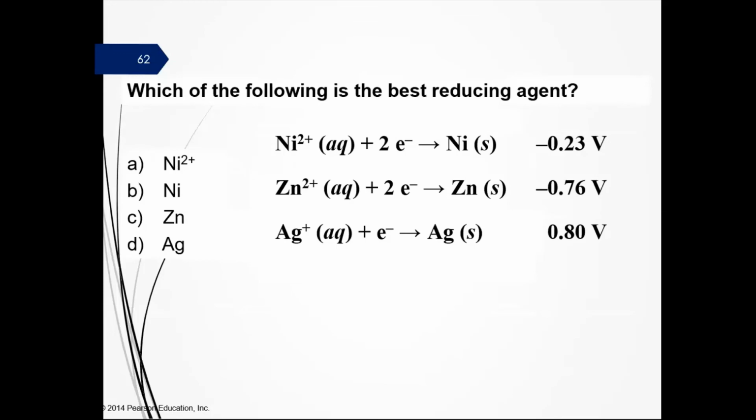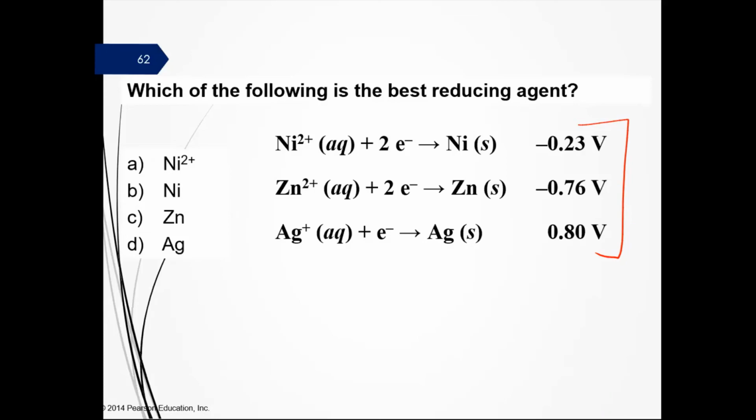So when we're looking at our reducing agents and we're trying to compare them, we're looking at our voltages over here. So our best reducing agent means that it oxidizes well. So if we wanted to, we can look at these processes, right? And we can think about which one is going to prefer to do oxidation versus reduction. So our silver right now, it's got our highest value, 0.80. And so when it reduces, it gives us 0.80.